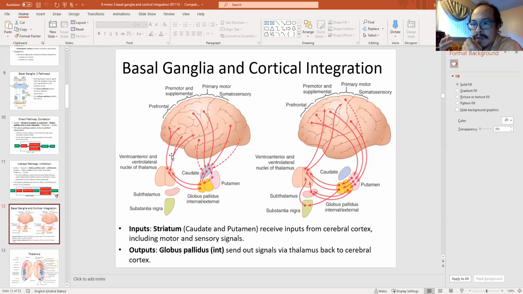This sensory signal sometimes will be viewed as a cue: you have this cue, then you would do it, or you have this cue, then you would not do it.